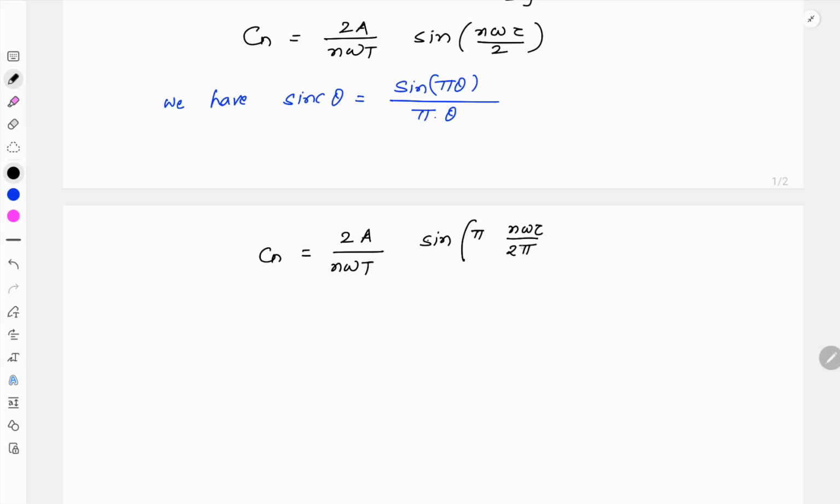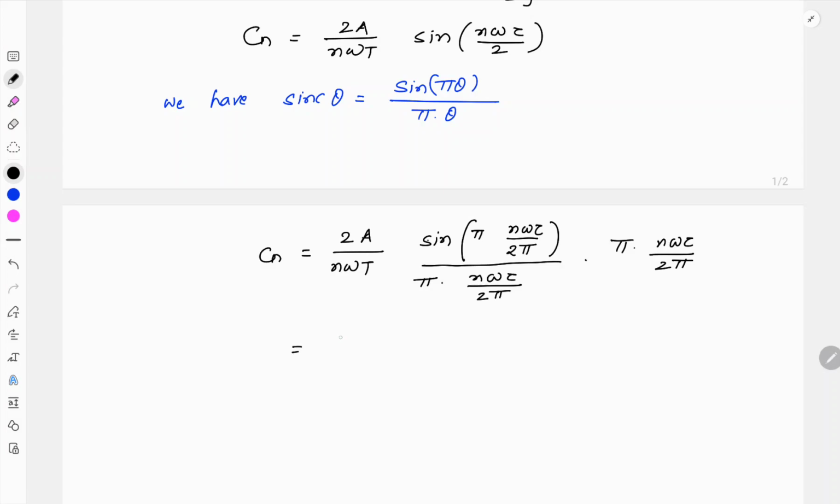So here we have just arranged a pi term into it, whole divided by the same term, pi into n omega tau by 2 pi, and multiply it with the same term, so pi into n omega tau upon 2 pi. So this center term becomes now sinc.